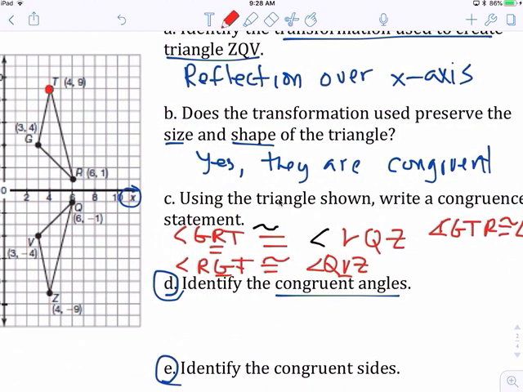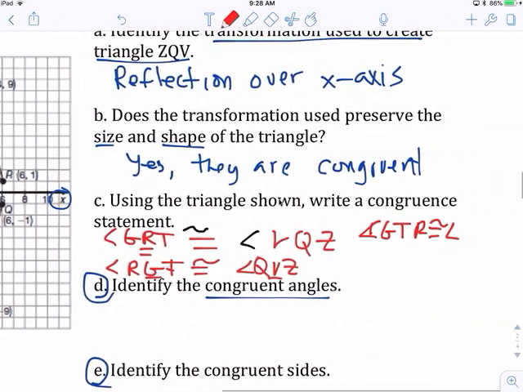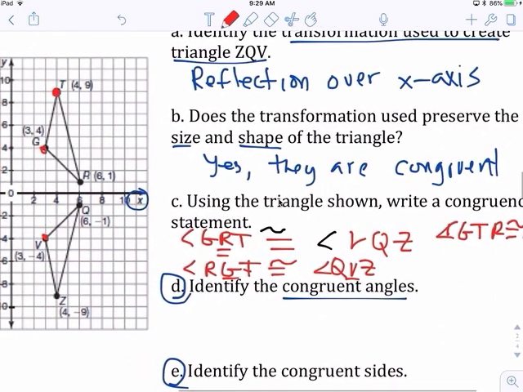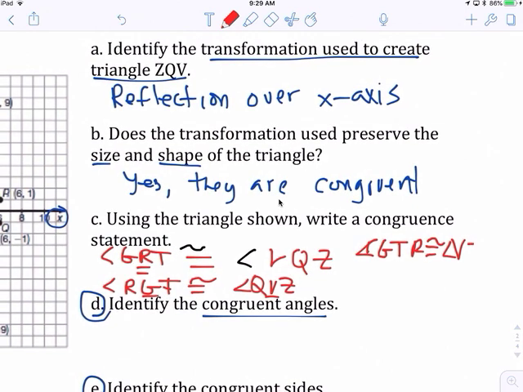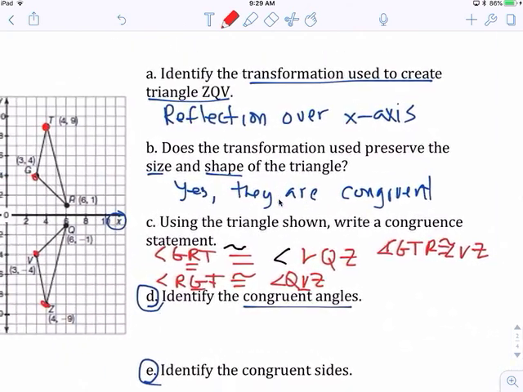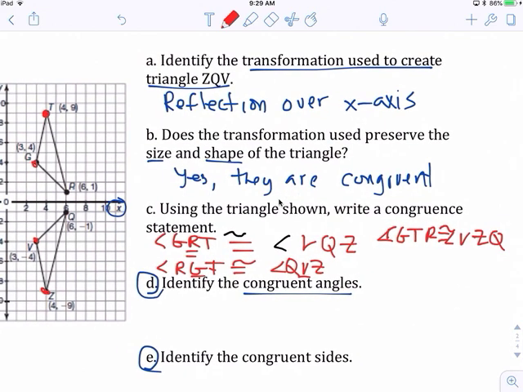Okay, what corresponds to G is V. Angle V corresponds to T is Z. Angle V, T, Z, and R, which is Q. That's how you write that. So you have to be very careful.